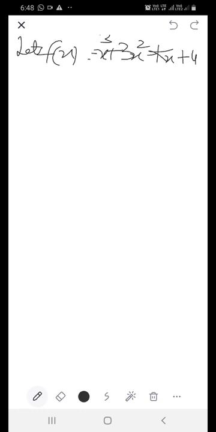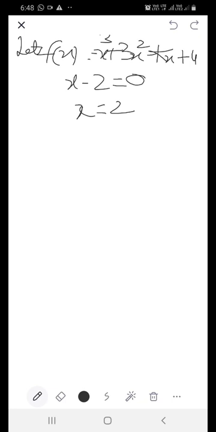Now the divisor is given to you as x minus 2. So the next step is you are going to put x minus 2 as 0. So x is equal to 2. Now it is also given that the remainder is k. It means when you put x as 2, remainder will be f(2). So f(2) is given to you as k.